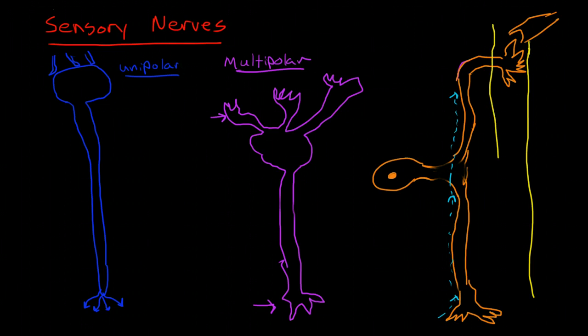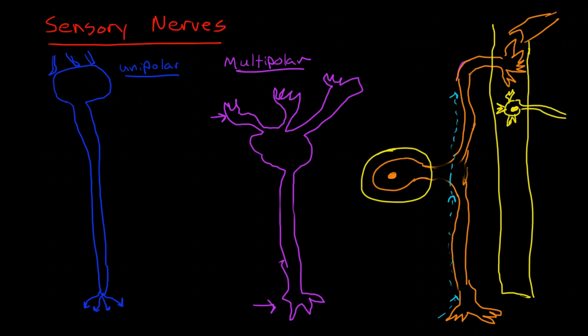Actually, this part is in the spinal cord as well. But the nerve bodies, the soma of the sensory nerves, actually sit outside the spinal cord, and this is very unique. This is different than what we have in the motor nervous system, where we have the cell body inside the spinal cord, and then the axons moving outside. And these are going to be multipolar. You're going to have nice happy dendrites here that are going to synapse.